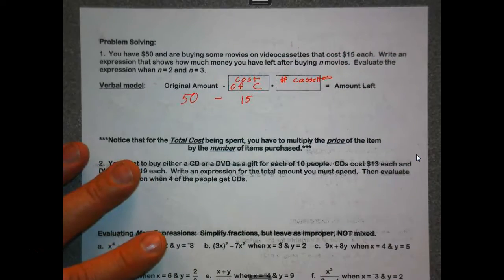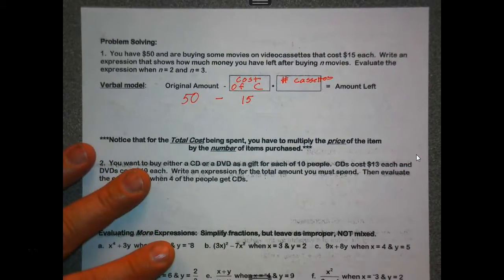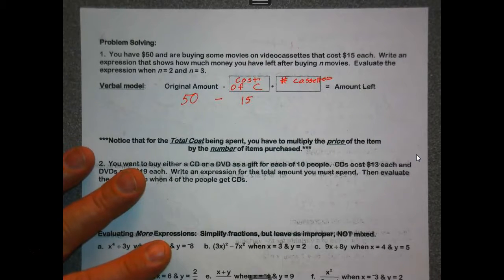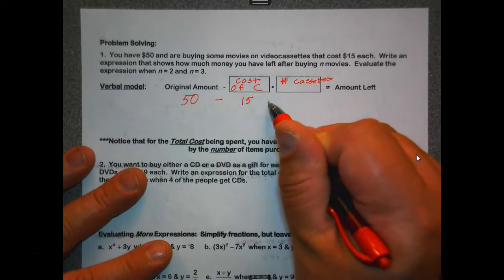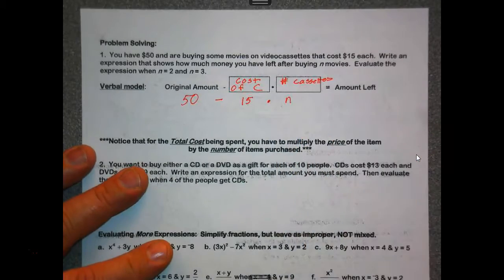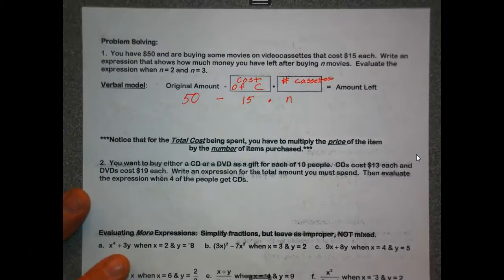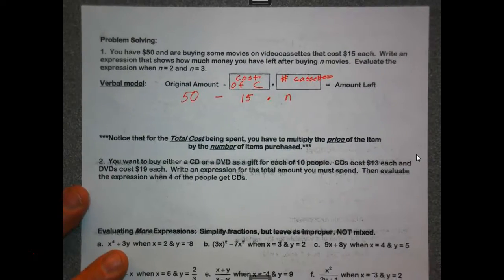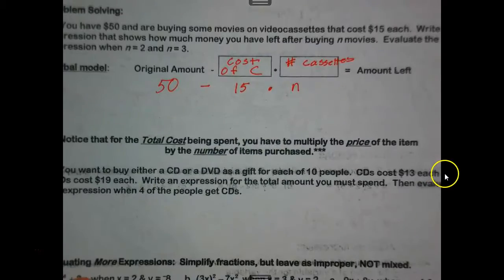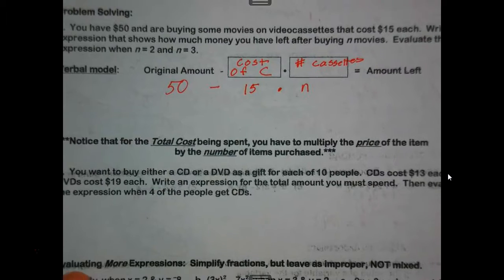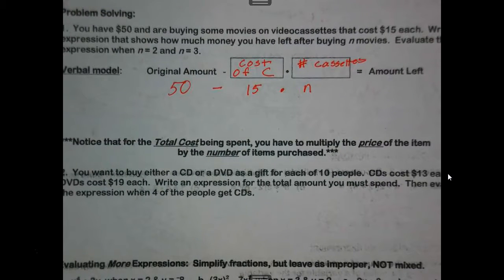How many cassettes are we buying? Well, we don't know. That's what we're supposed to figure out. So that's where our variable goes, because that's what a variable is: the value of something we don't know. So there's our expression. We're done with the expression.